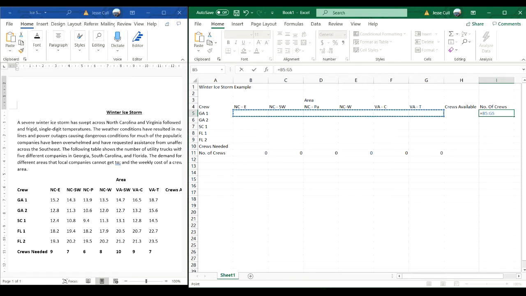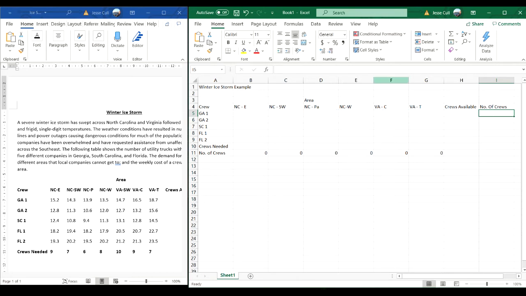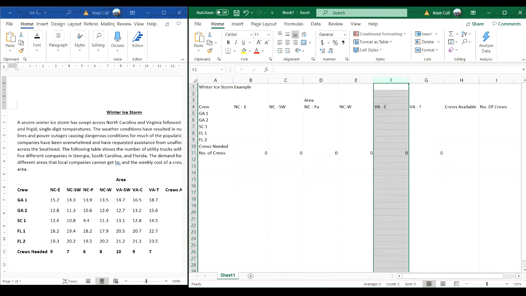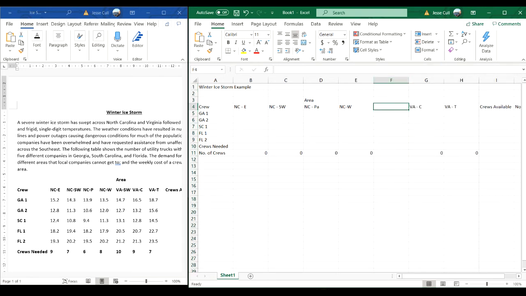East, Pacific, West, Virginia Southwest. I have to add one more column. Okay. Virginia Southwest. We can fill right. Okay.